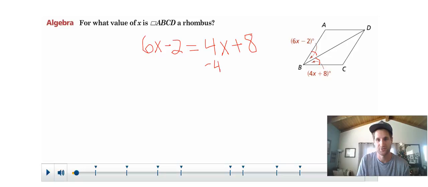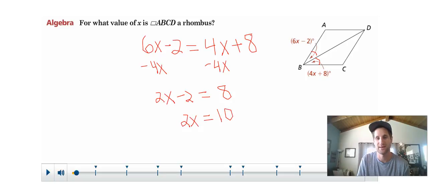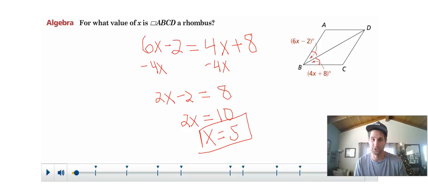We subtract 4x from both sides. We get 2x minus 2 equals 8. Add the 2 over. 2x equals 10, and then we get x equals 5. So x equals 5 would make sure that we have a rhombus.